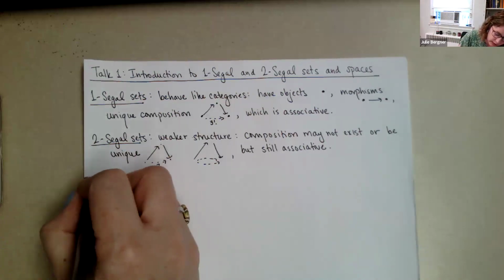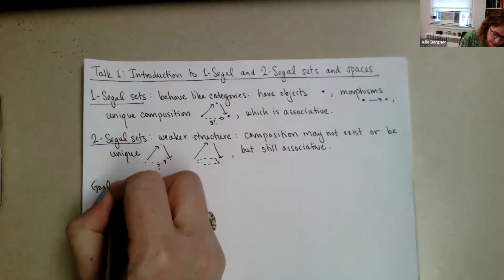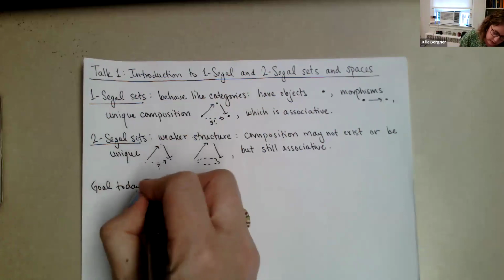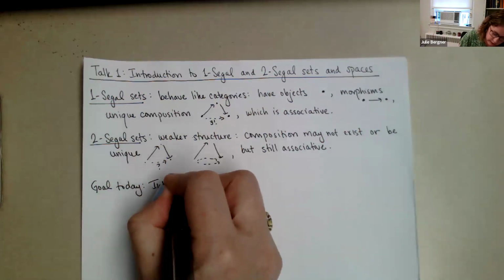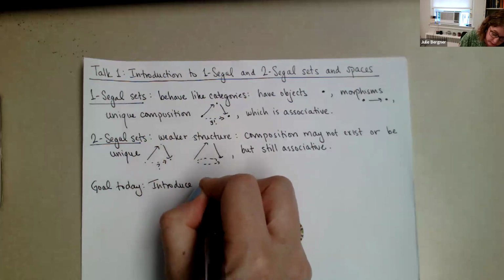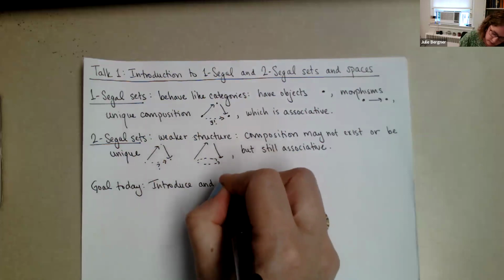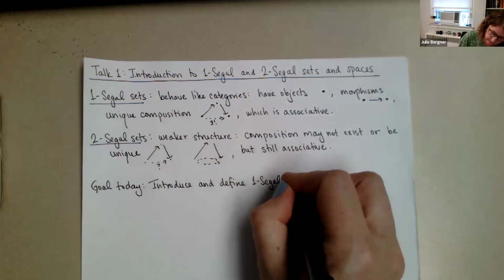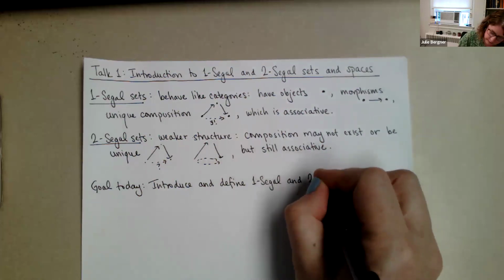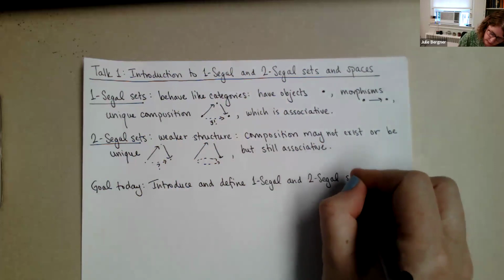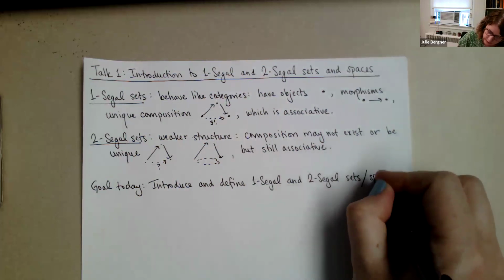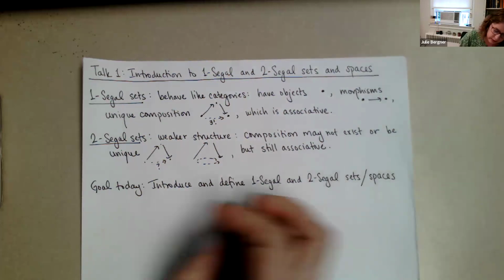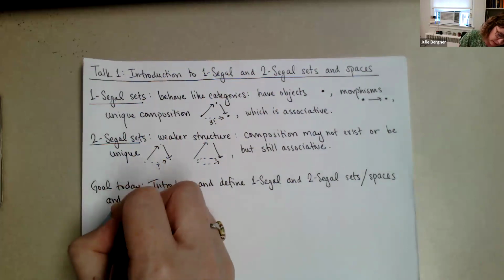Okay, so our goal today is just to introduce and define these in a rigorous way. And again, we'll start with sets and then we'll move on to spaces after that and just give several examples.